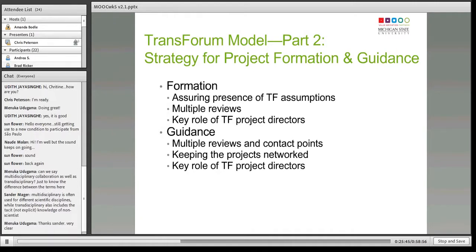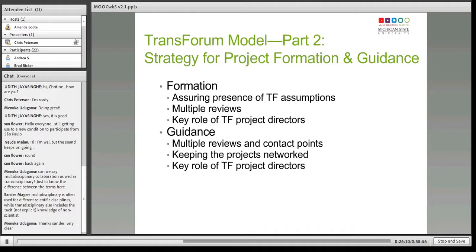And again, it became clear to me as I did the in-depth interviews that these Transforum project directors played this critical role of not just forming the projects properly at the beginning, but then seeing that the projects evolved under the guidance of these 5 operating assumptions.